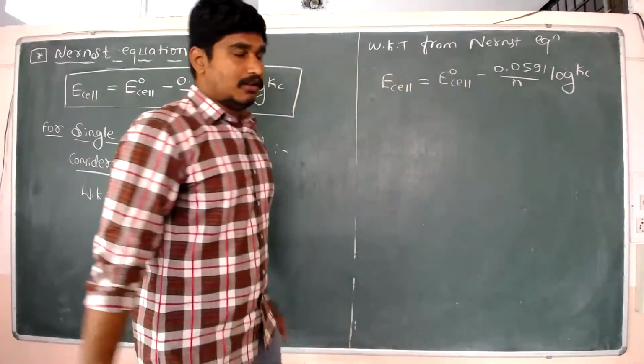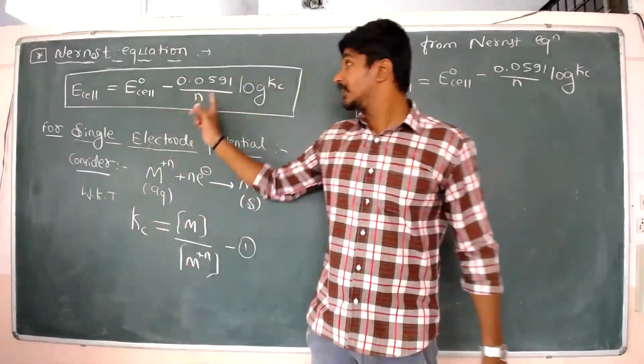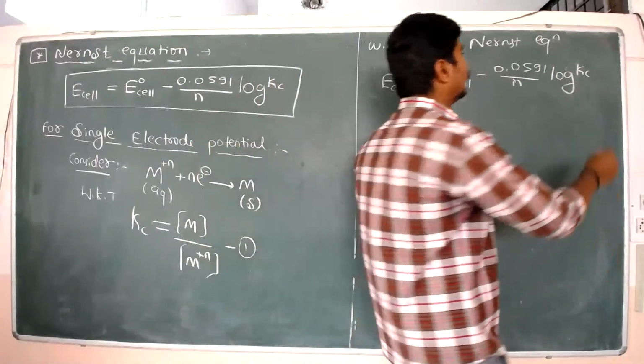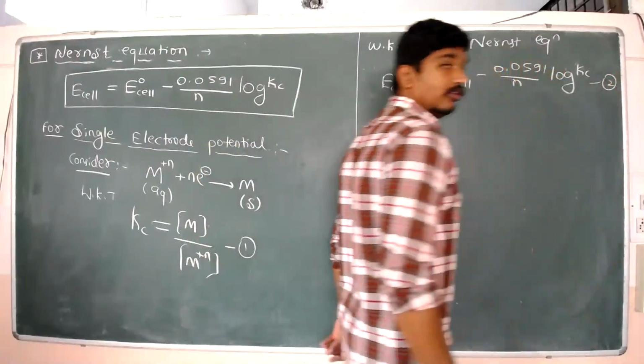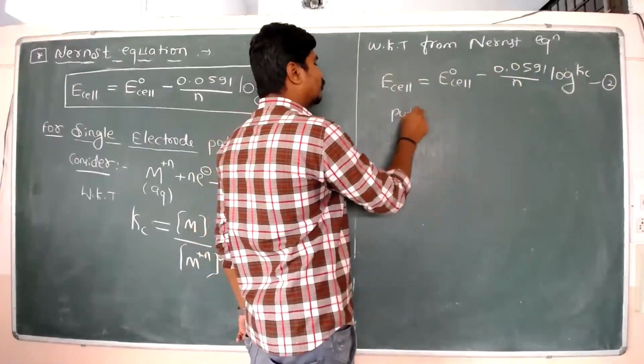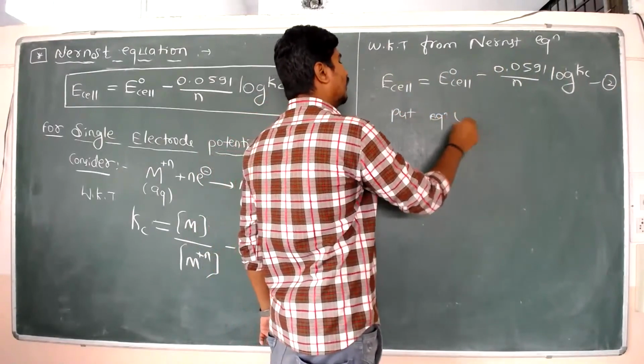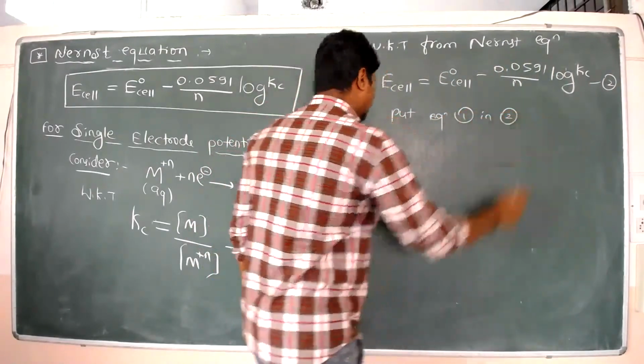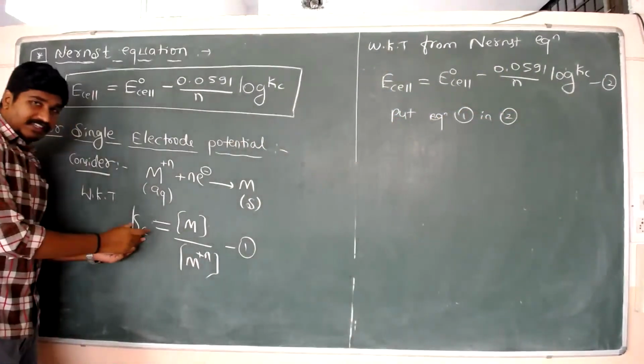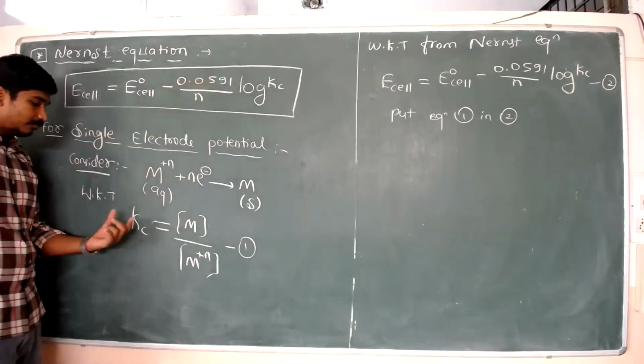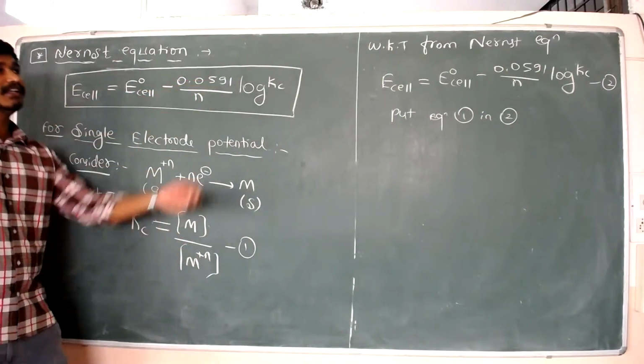Correct? Log Kc. This one is the Nernst equation here. I am calling this one equation 2. Now, put equation 1 in equation 2. Just substitute this Kc value in equation 2, or substitute this Kc value in the Nernst equation.